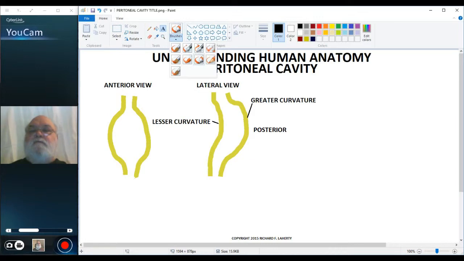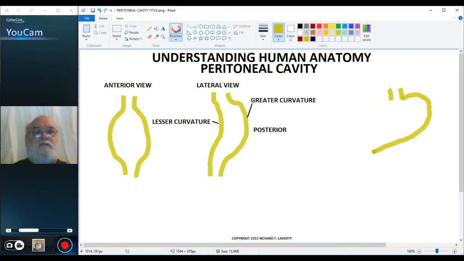So if we look at the stomach after that happens, sketch in the esophagus, and then we're going to make the greater curvature and the lesser curvature of the stomach.